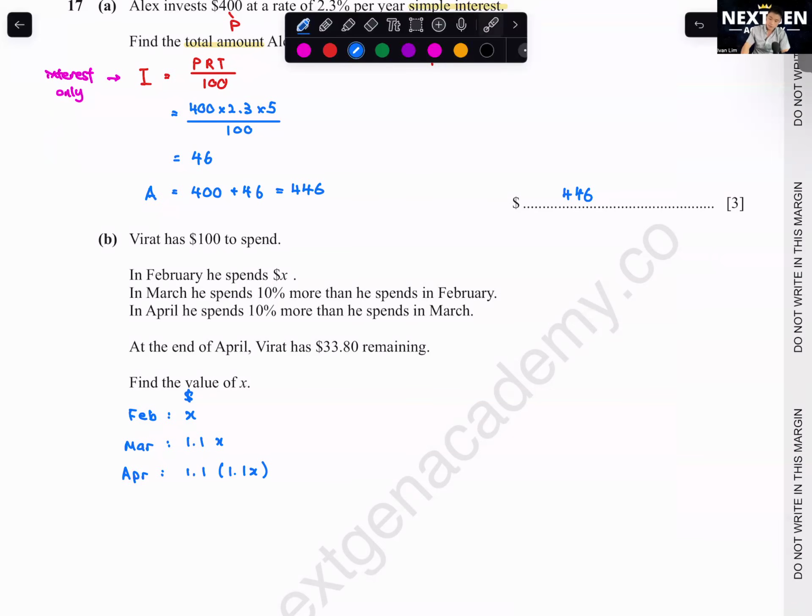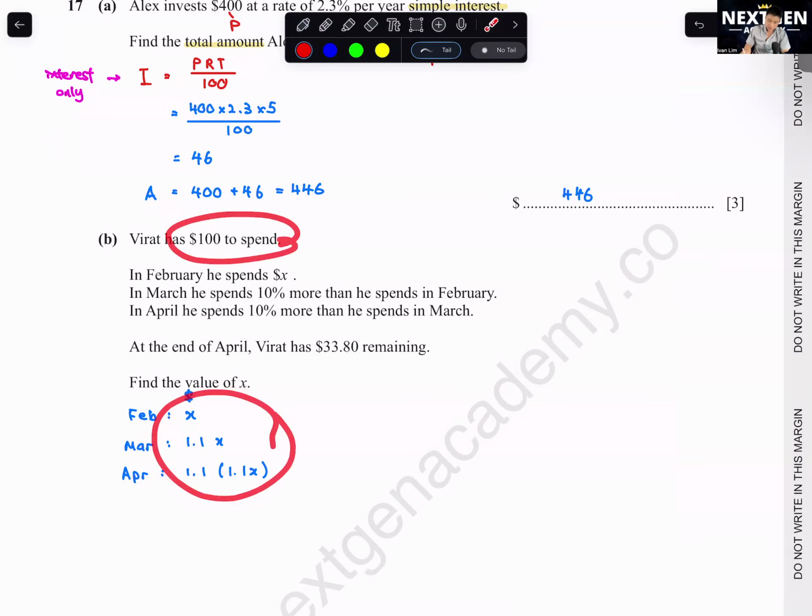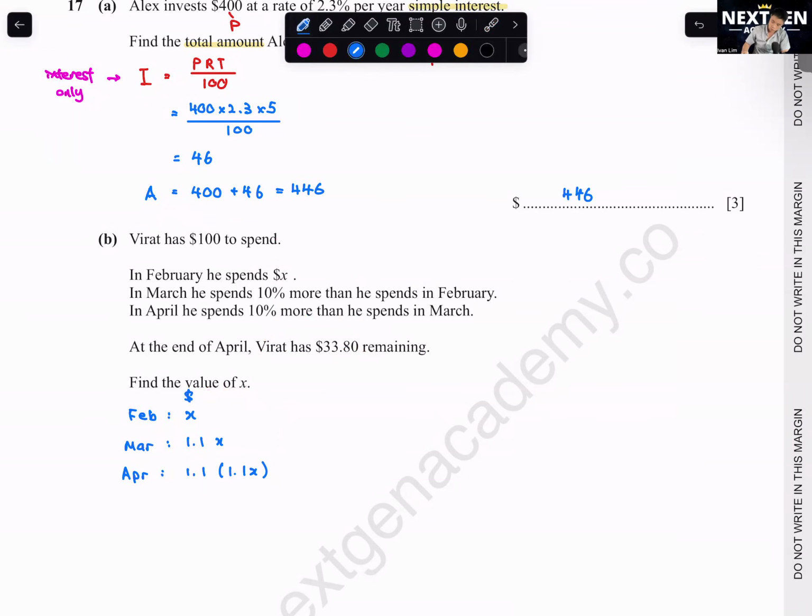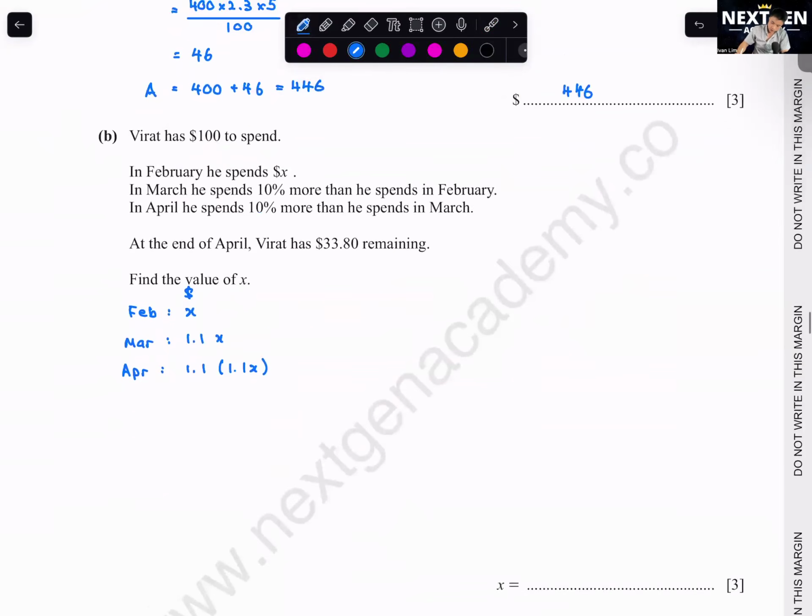Okay, you can take this all up and add up together. Then you can say 100 minus this equals 3380. Okay, or if you want to just write into one equation, you can write it as, he first has $100, okay, like this, $100 minus all of this.